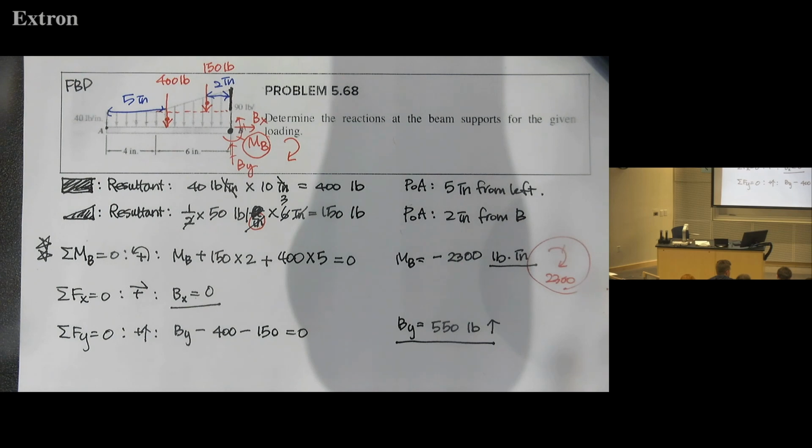The same amount of moment, the opposite direction, like this, right? And then that is what we just calculated. So 2,300 pound-inch clockwise. And then we have this kind of movement, right? It's from the force and it's from the reaction. Then this structure is in equilibrium. So did I answer your question?